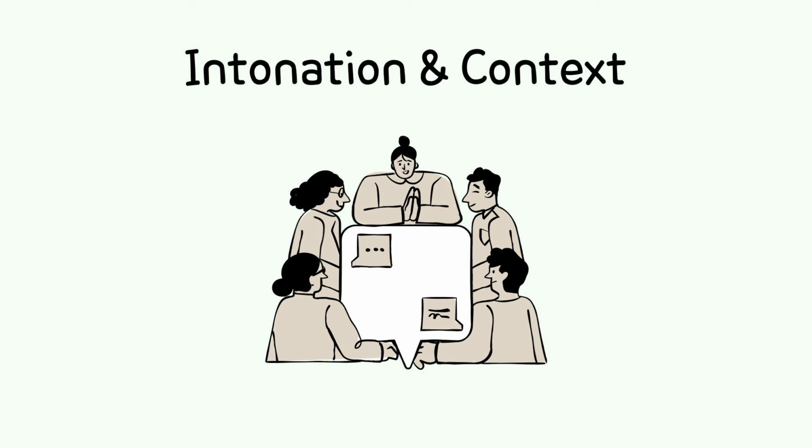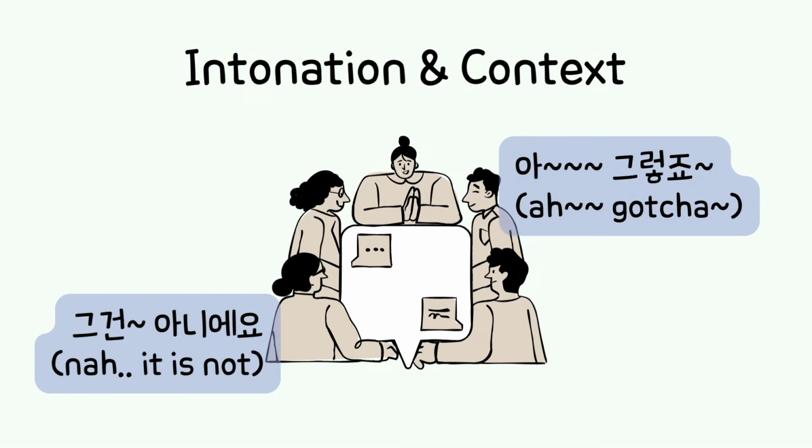That's why Koreans often use different intonations and a lot of filler words in speech, such as 아, 그렇죠, or 그건 아니에요. Intonation plays a key role in Korean speech. This is something you've likely found very interesting when hearing Koreans speak.